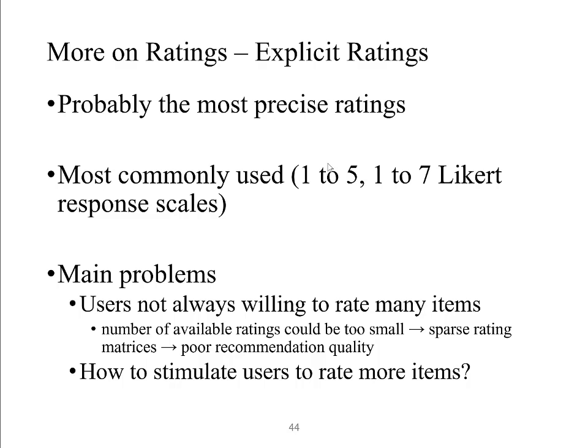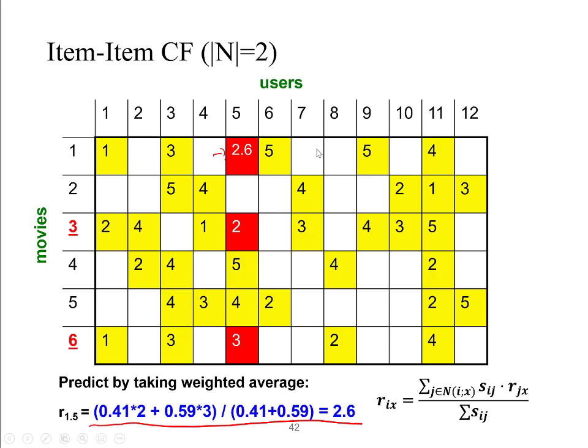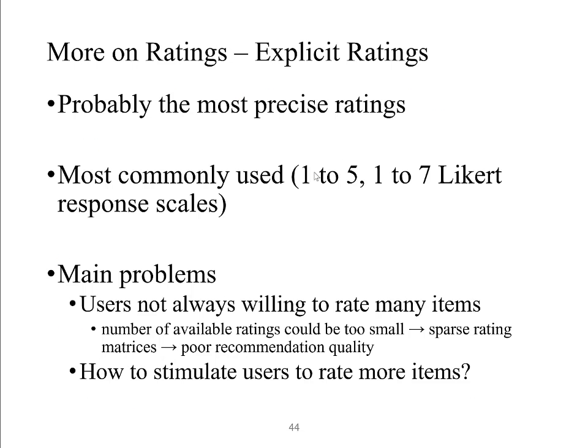In the example before, if the matrix gets more sparse, then when we compute the similarity between the items, it could get more inaccurate. So the problem here is how to stimulate users to rate more items.